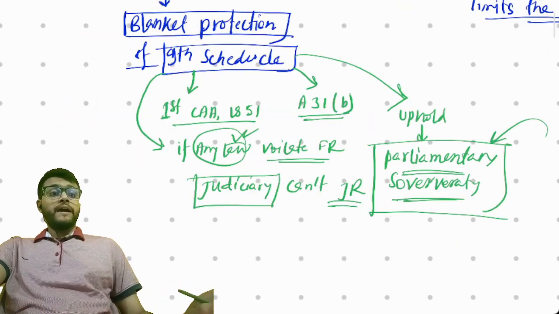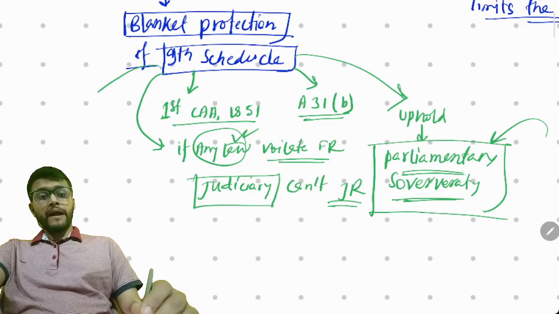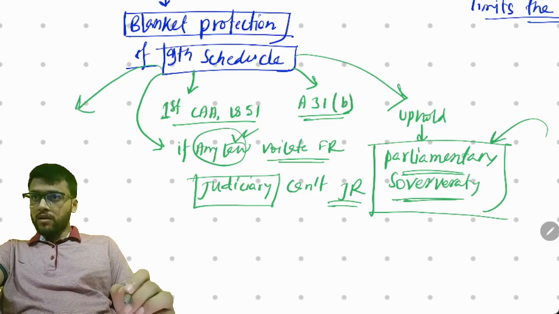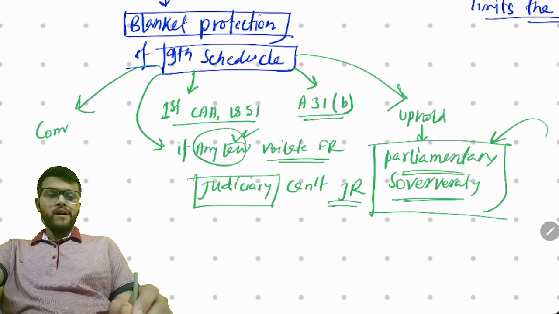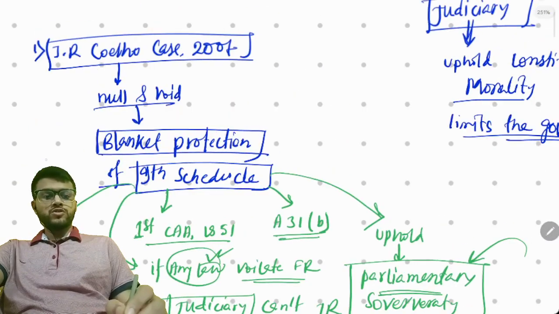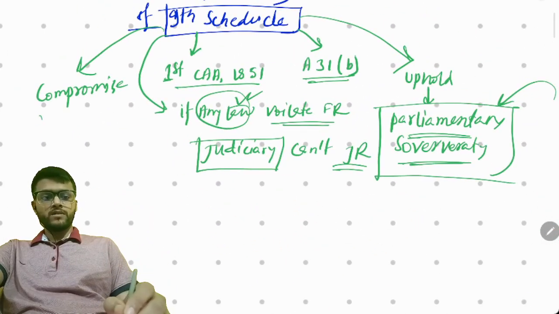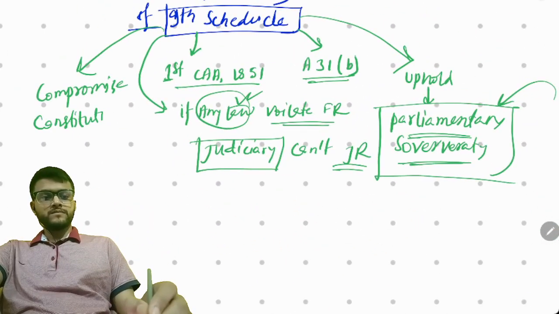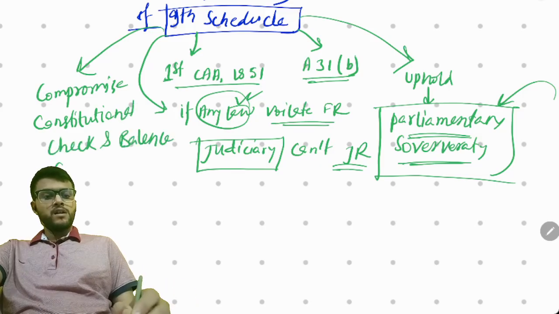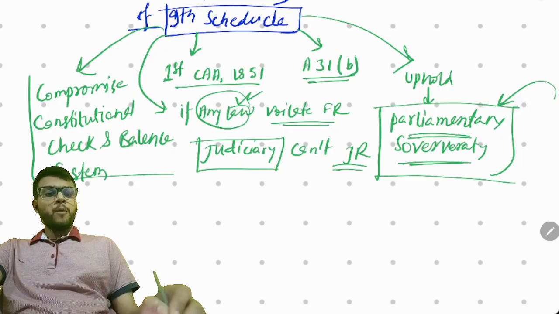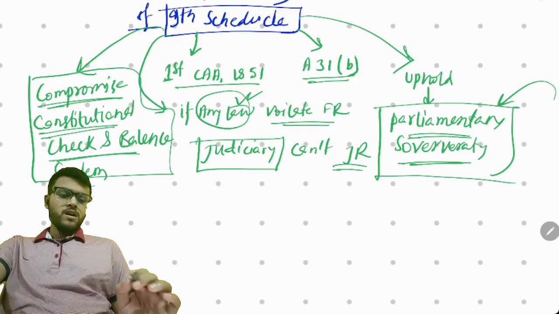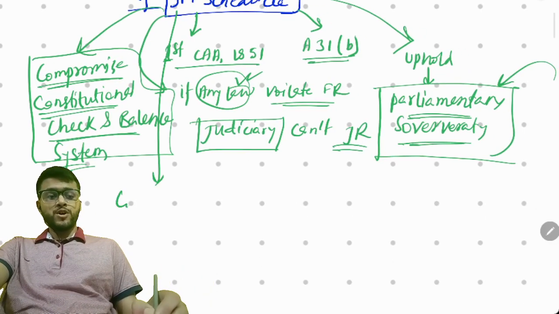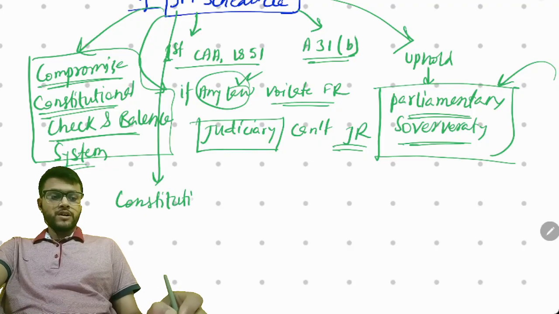So by the ninth schedule, we compromise our constitutional check and balance system, and also compromise constitutional morality.